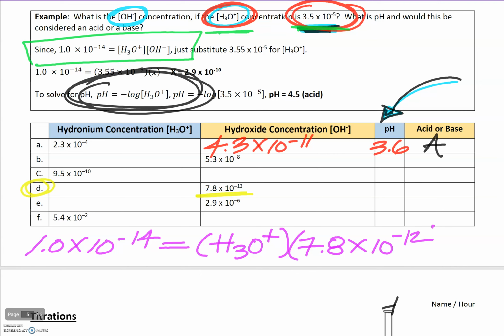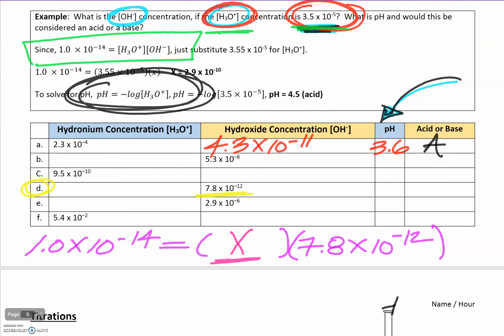All right, so what we're going to do here is just get rid of this and replace it with an X, and we just solve for x. So pretty straightforward stuff.